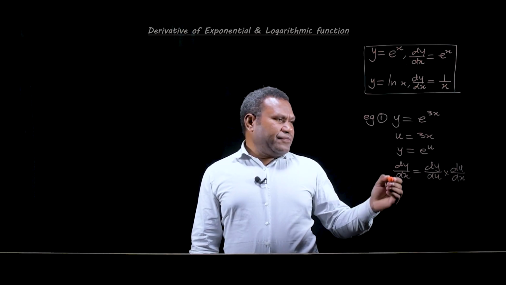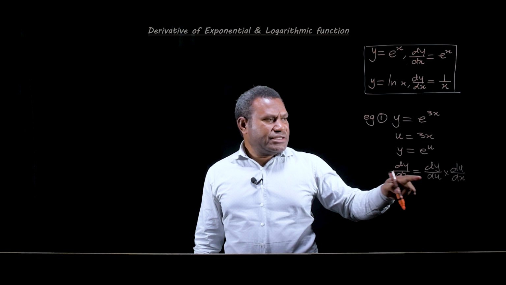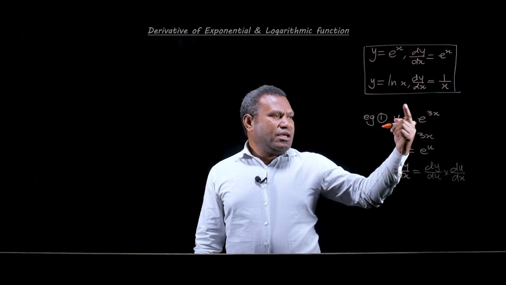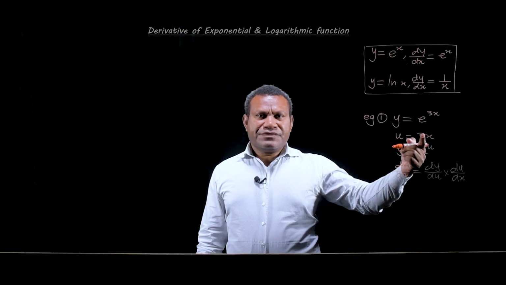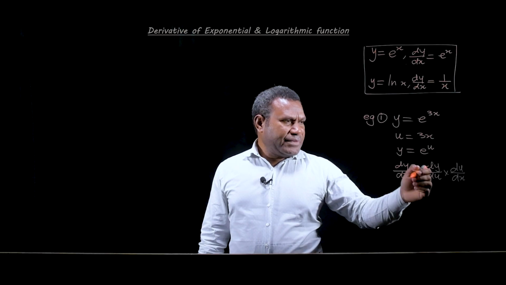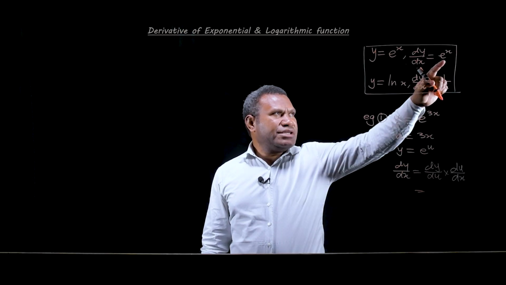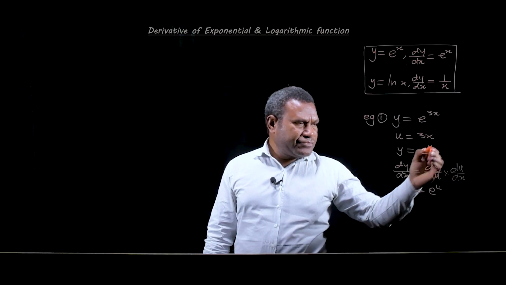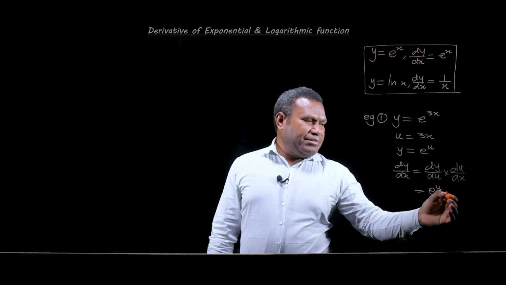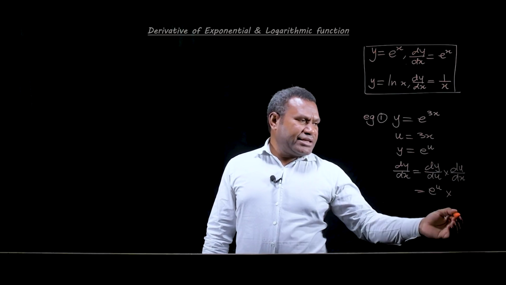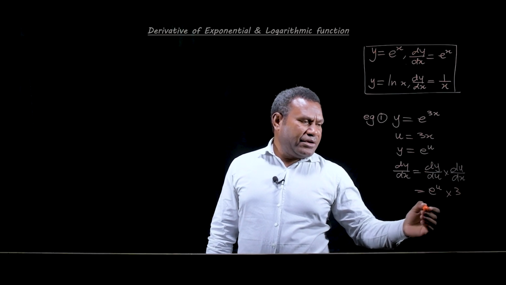So I work out the derivative of this function, and then the derivative of this function. The derivative of e raised to the power of u, using the standard result, is the same, e raised to the power of u, multiplied by the derivative of u equals 3x, which is 3.